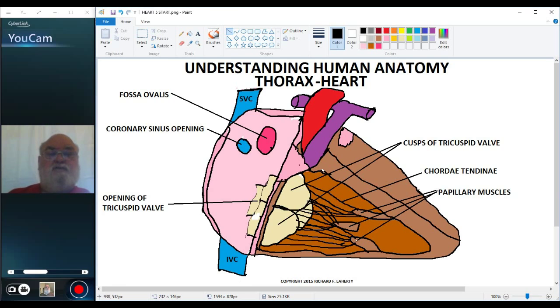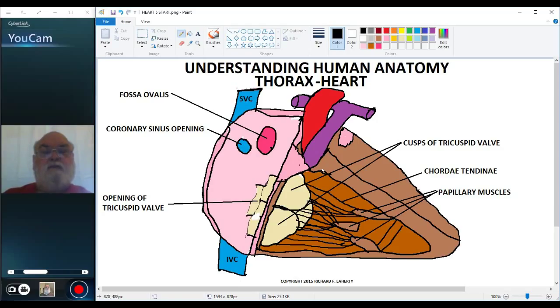Now, there's one other structure that I have to draw in, and that is a mass of muscle coming from the interventricular septum over to this papillary muscle that is most anterior.